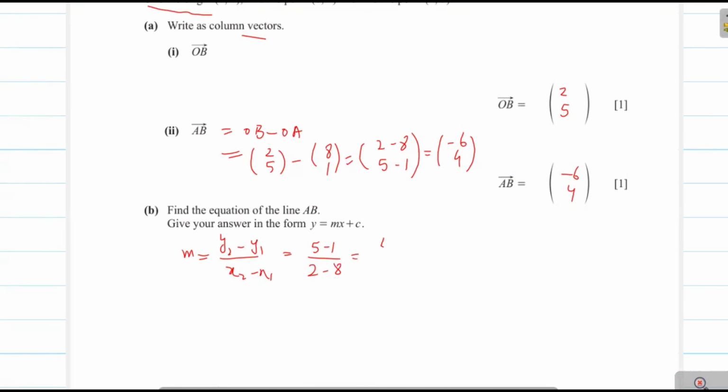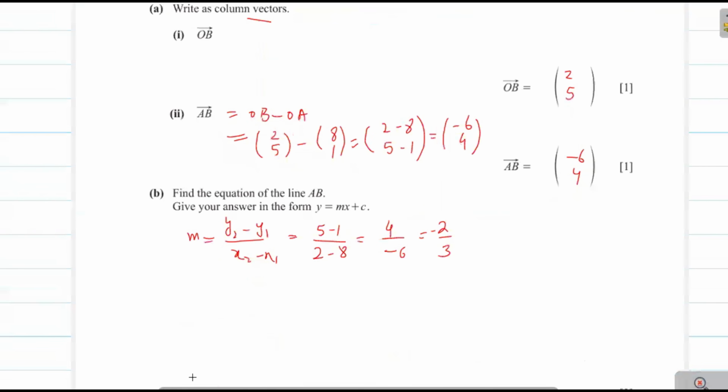This is equal to 4 over minus 6, which is minus 2 over 3. And the equation of the line is y equals minus 2 over 3 x plus c.